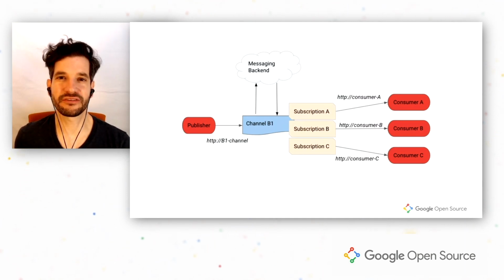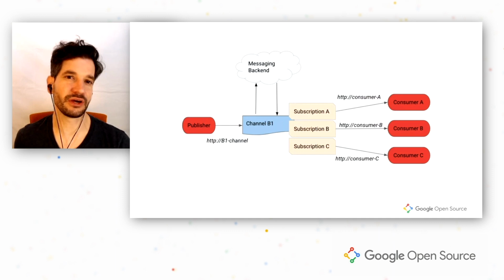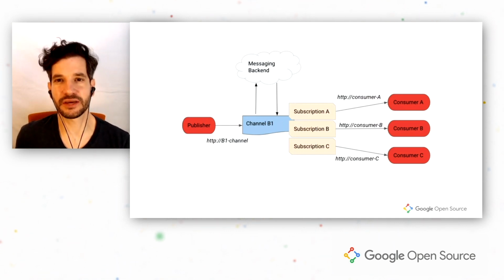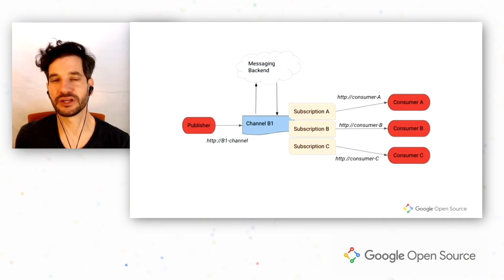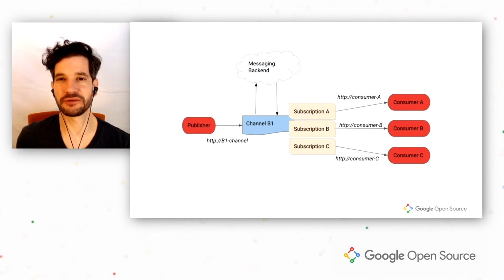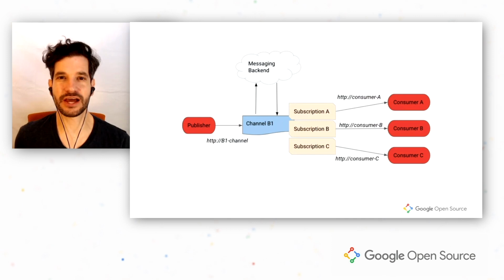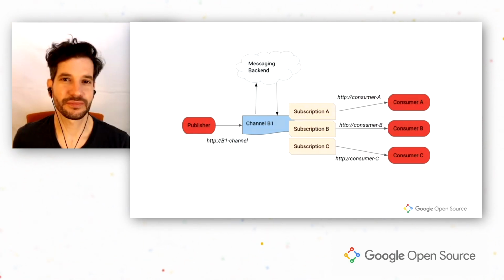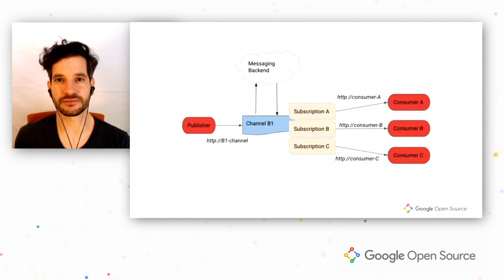I'll pause for a second here to briefly talk about channels. Channel is a Knative eventing concept that's similar to broker, but doesn't support filtering. It's meant to be a simple interface to an external messaging backend. Publishers send events to a channel's address, just like broker. In this diagram, that's B1-channel.